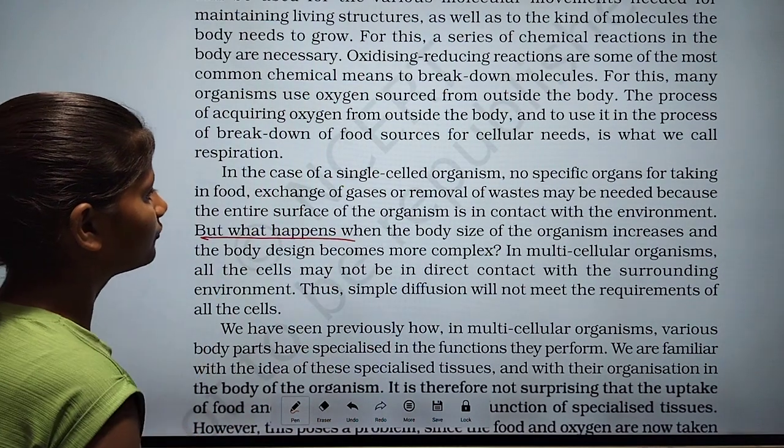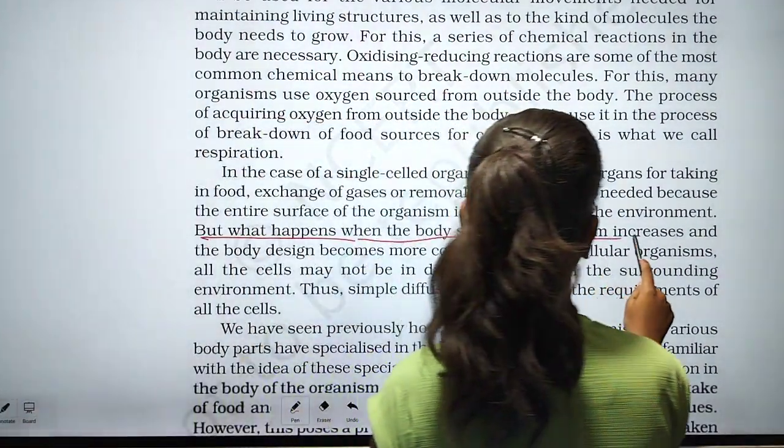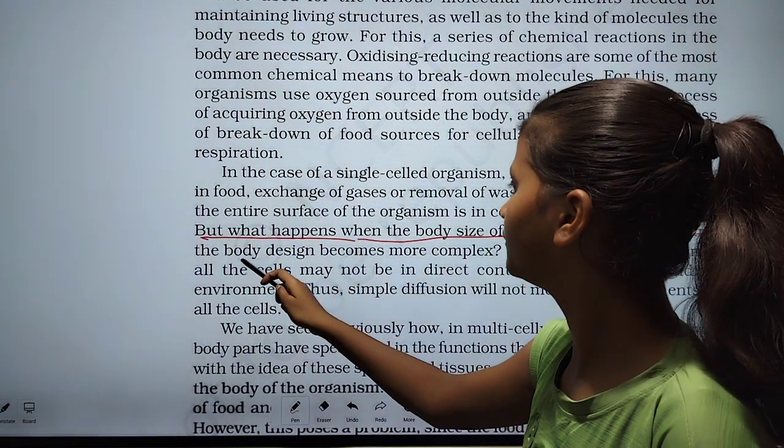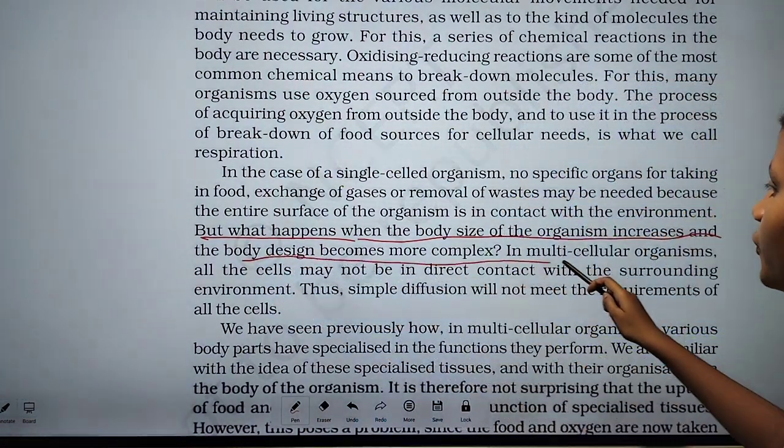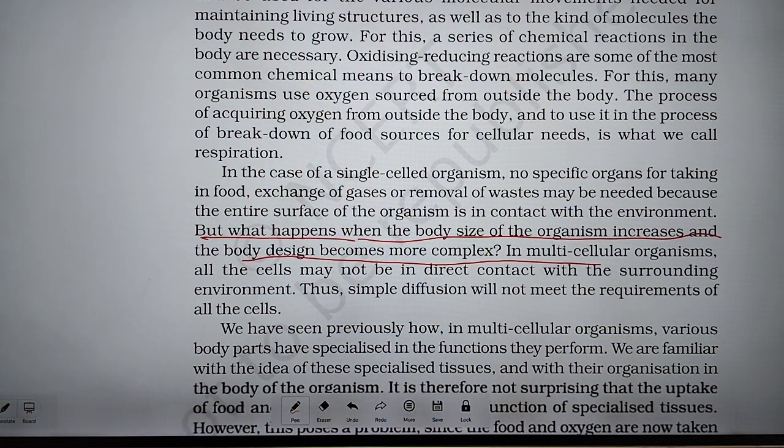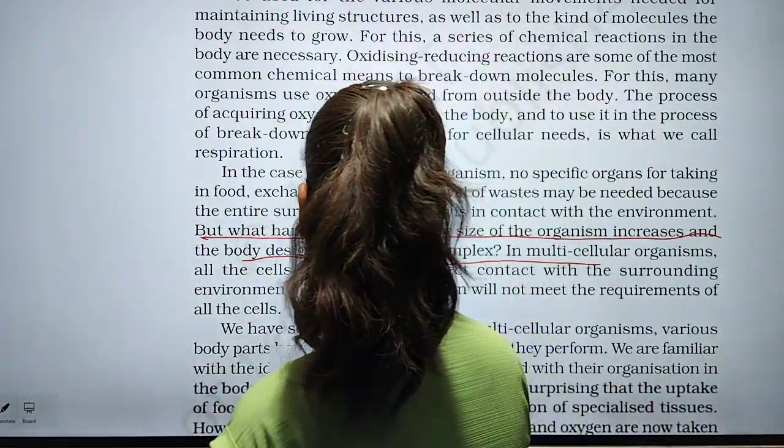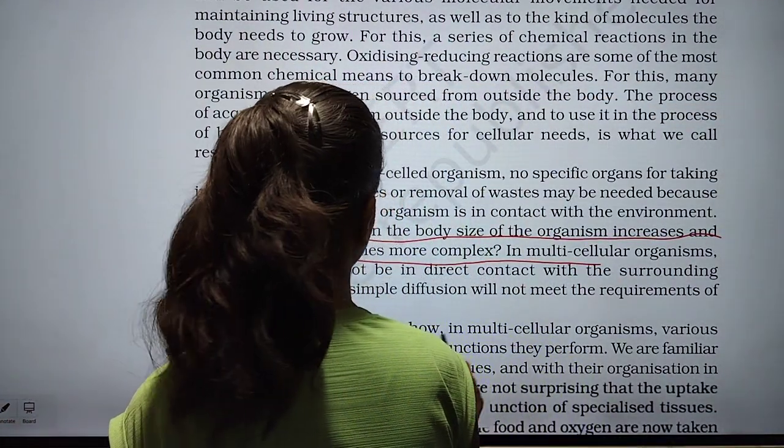But what happens when the body size of an organism increases and the body design becomes more complex? This one is a question.